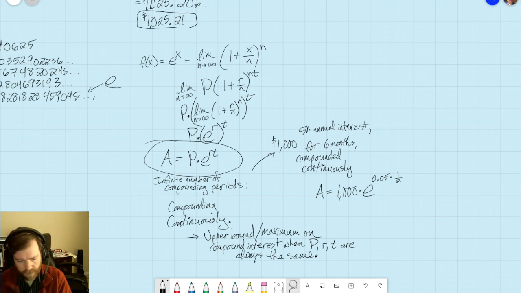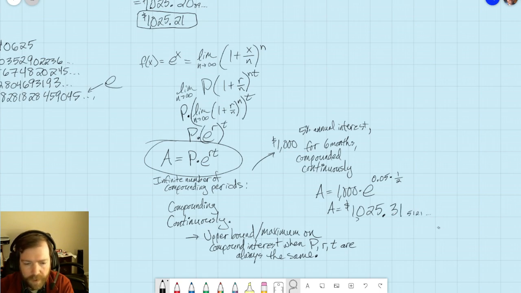So 1,000 times e to the 0.025. So for 6 months, this is going to be $1,025.31 with 5121 partial.